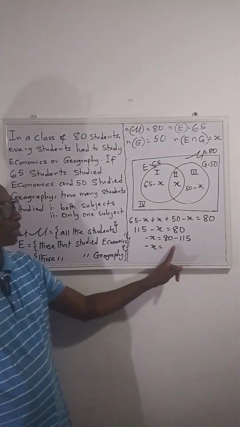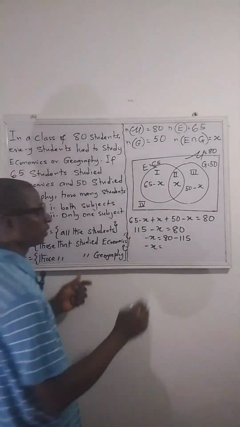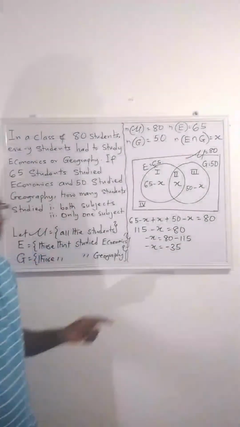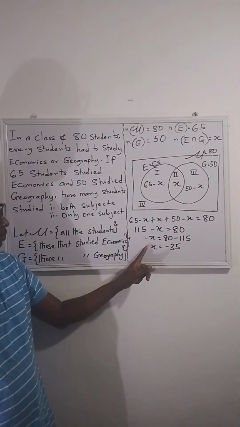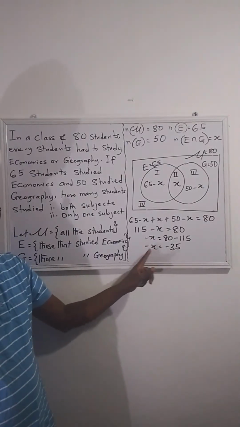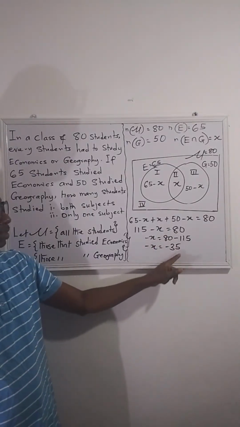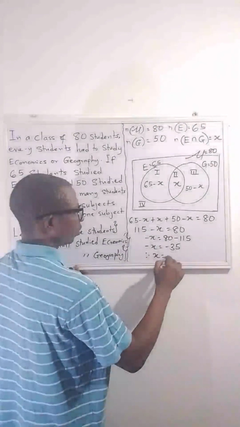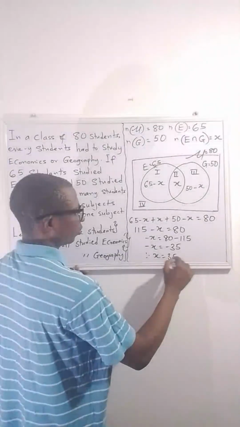When you subtract, what do you have? You have minus 35. Now you can multiply both sides by minus, or you move this one here while this one comes here. So we have, therefore, x equals 35 students.